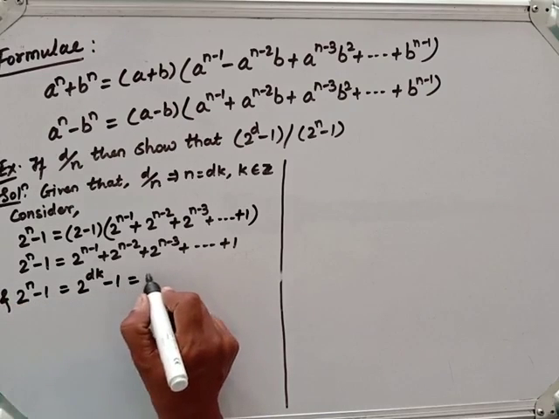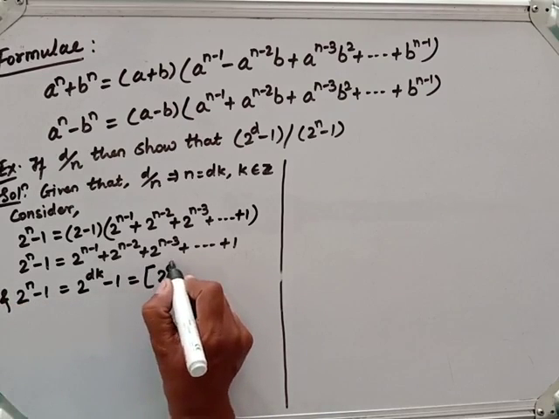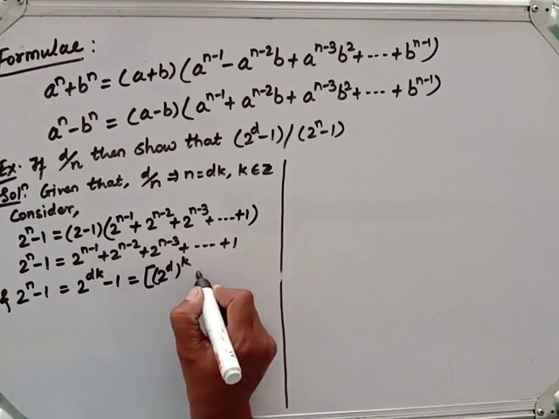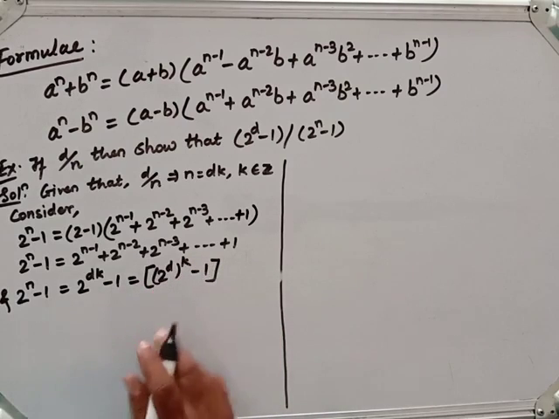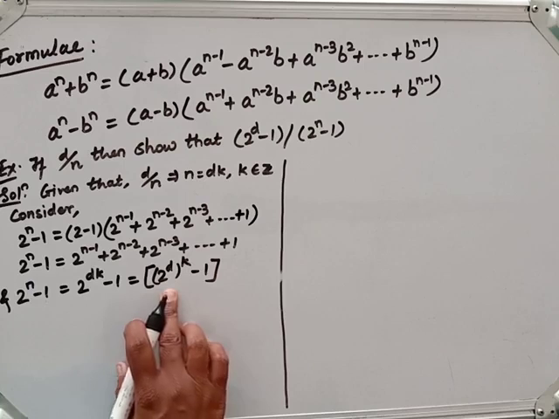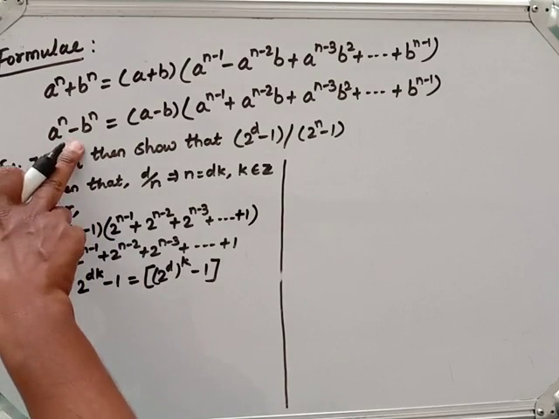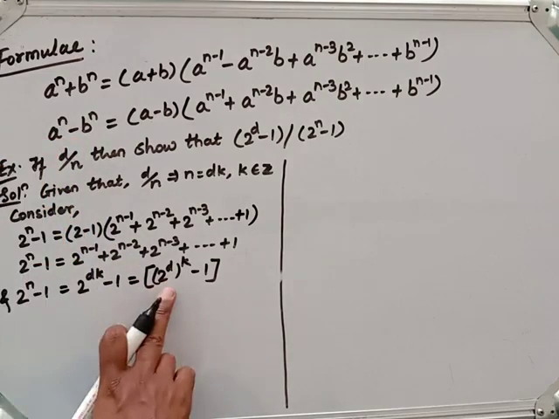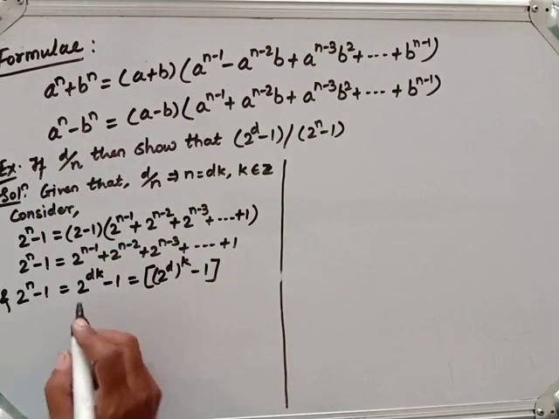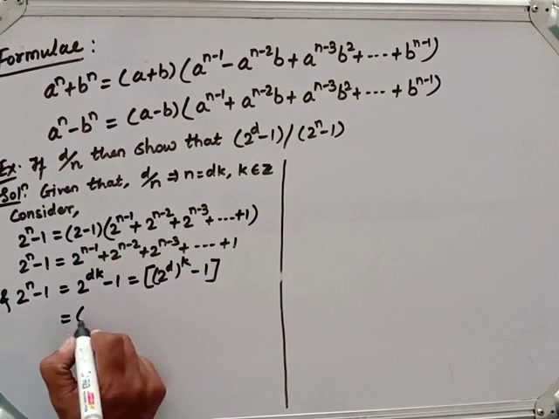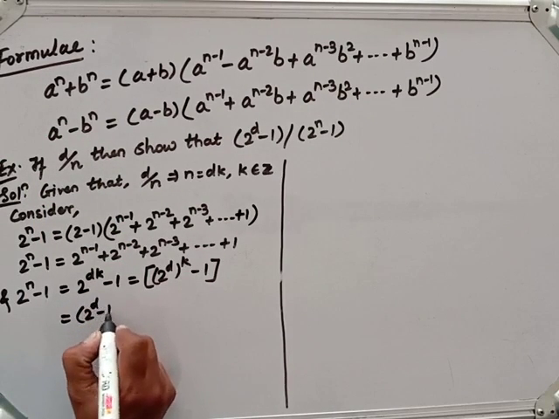This is the same as 2 raised to d raised to k minus 1. Now here let us use the same result again. Here a is now 2 raised to d and b is 1. So this will become 2 raised to d minus 1.